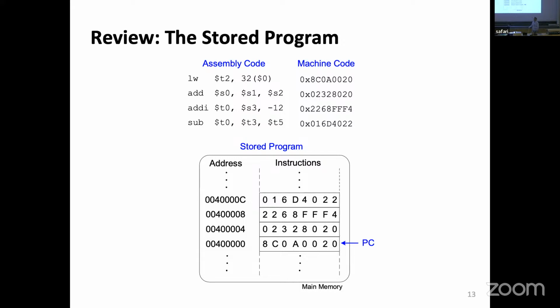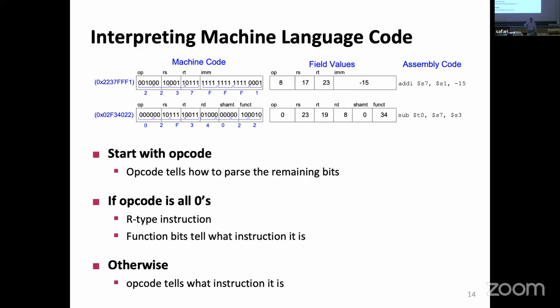And the reverse is also true. If you are like a James Bond kind of hacker type, and you receive these ones and zeros, like this 02F34022, you can just write down the binary translation of it, and then from this you can go to the field values, say op0, well, op0, that must be an R-type operation.